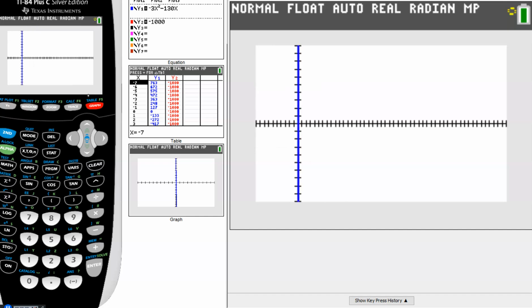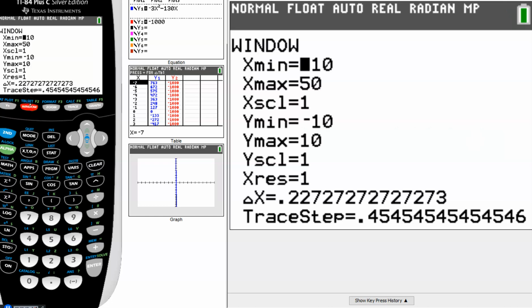So there's 1. And I'm not seeing it still. Because I'm really looking for this y minimum, I'm going to go negative 1,100 on the y minimum.